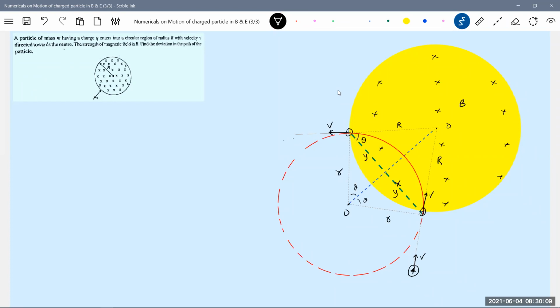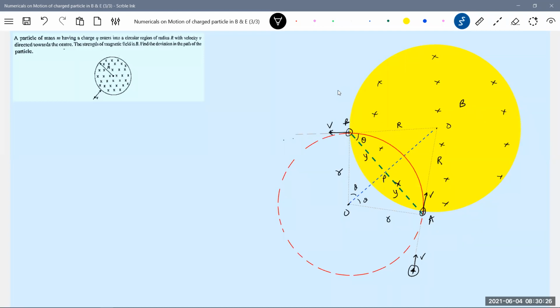Okay, look, we have several triangles here. It will enter at A, it will leave at B. Now take help of this triangle. We have to get that theta in terms of known quantities. What are the known things? Capital R, small r, and the motion of the charged particle, mv, all those things are given to us.